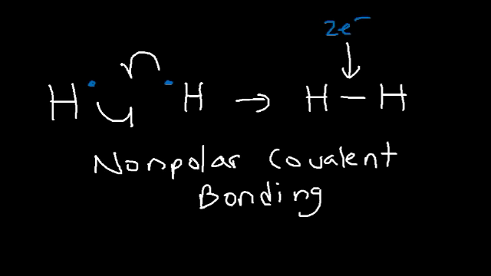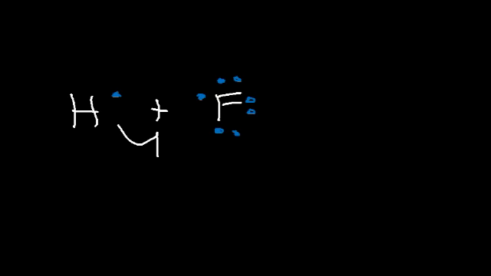Now, let's say we have 2 dissimilar elements, for example, hydrogen and fluorine. These are both nonmetals. 2 nonmetals typically form a covalent bond. Hydrogen is going to donate 1 electron to form the bond, and fluorine is going to donate 1.